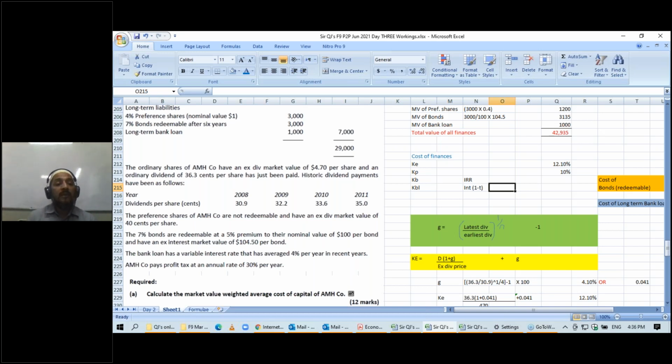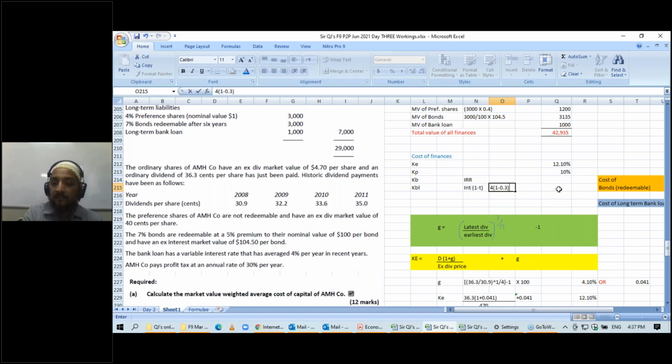you can see from the question, in the second last line, bank loan has a variable interest rate of 4%, and the annual tax rate is 30%. So straight away, what you will do is take 4% times 1 minus 0.3.